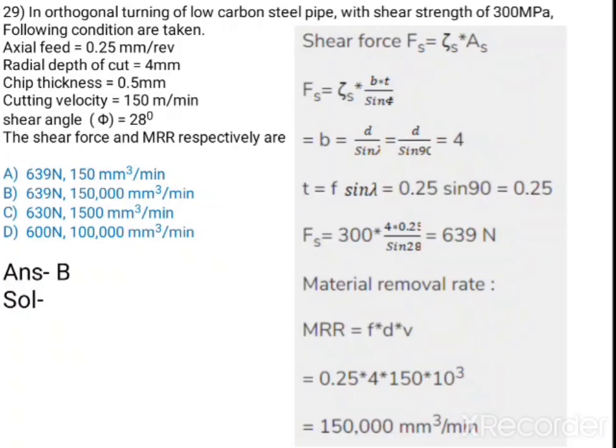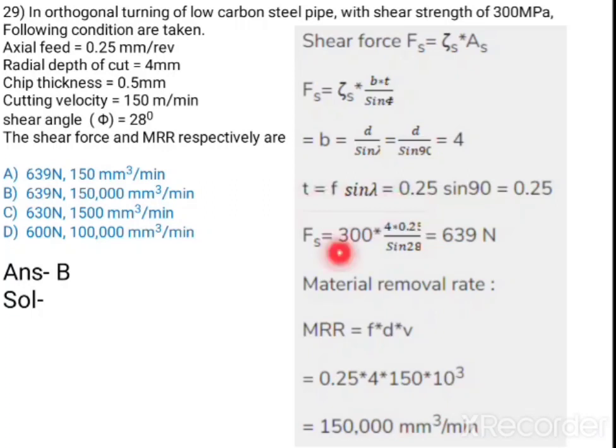So Fs is equal to 300, tau s is given as 300 megapascal, and b value is 4, radial depth of cut, into t value, thickness. What is thickness? Already found out. Why are we using this formula? Because here it is orthogonal, so t is equal to f sin lambda, sin 90 is 1, so you can directly put t is equal to f.